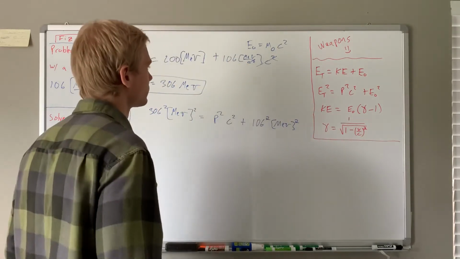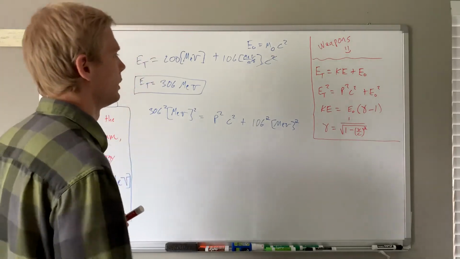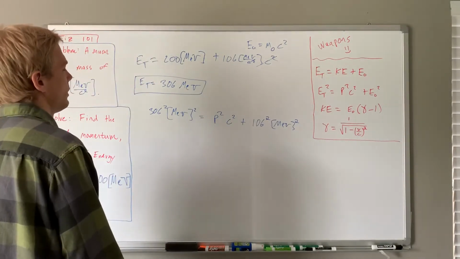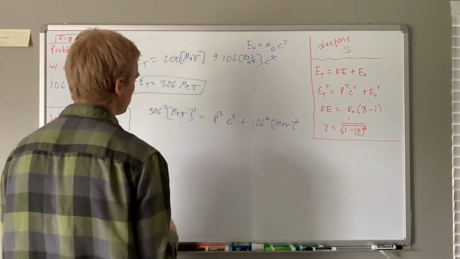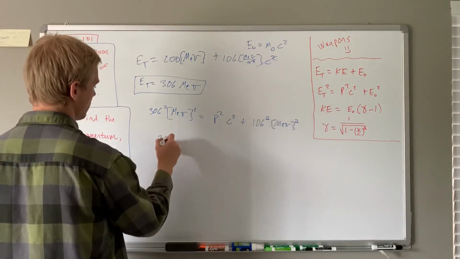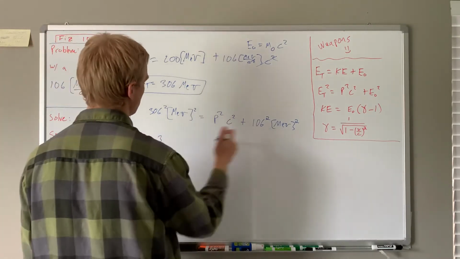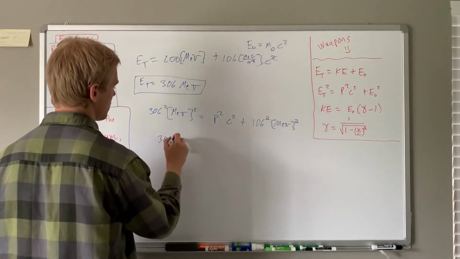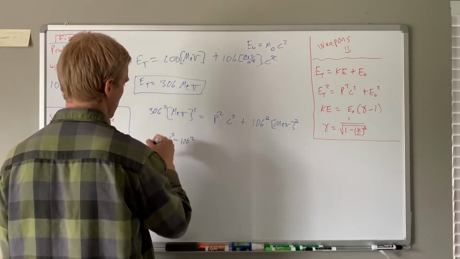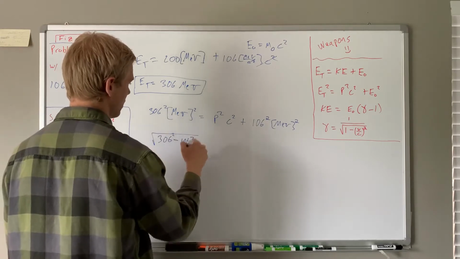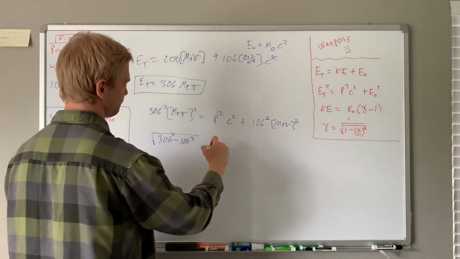Okay, no biggie. And then we basically solve for p, so we subtract this and take the square root. Since these are the same units, you can subtract them. I take the square root, so this unit of MeV squared becomes just MeV.